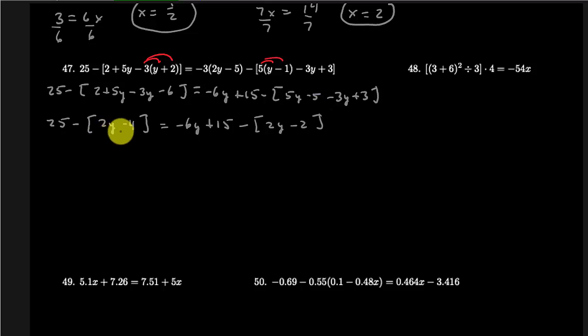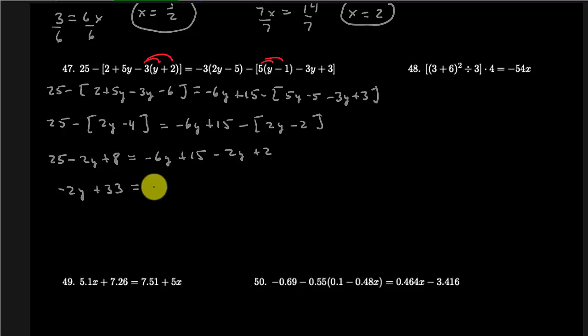All right. Now let's clear the brackets here. So that's going to be 25 minus 2y plus 8 equals negative 6y plus 15 minus 2y plus 2. Combine like terms, so that's negative 2y plus 33 is equal to negative 8y plus 17.